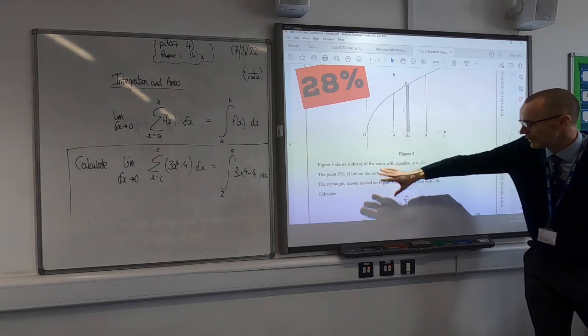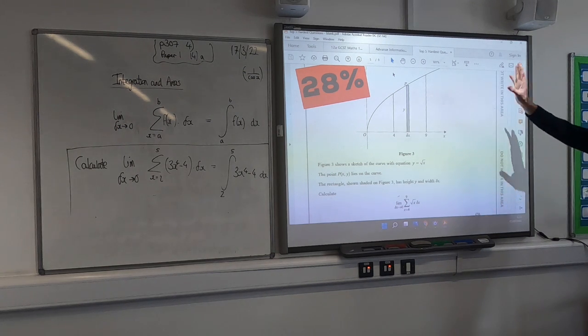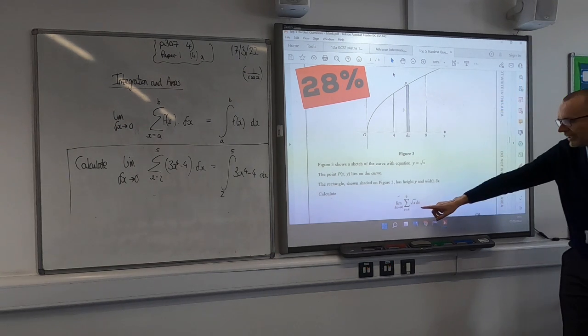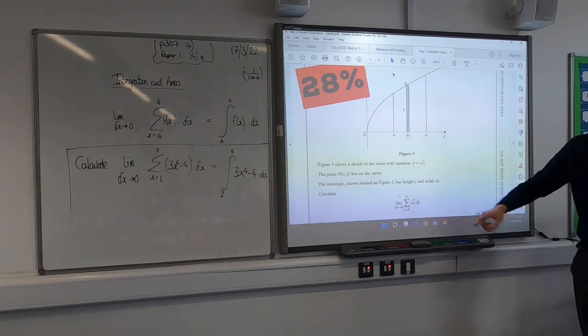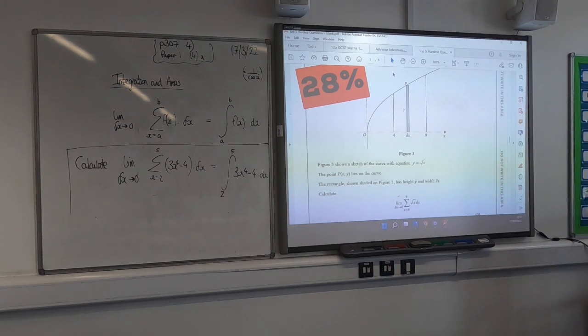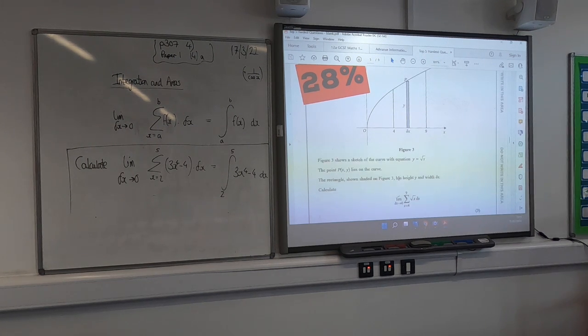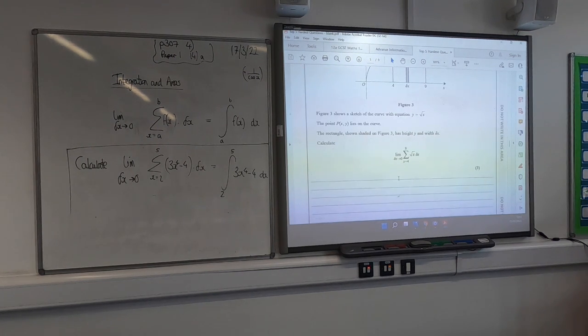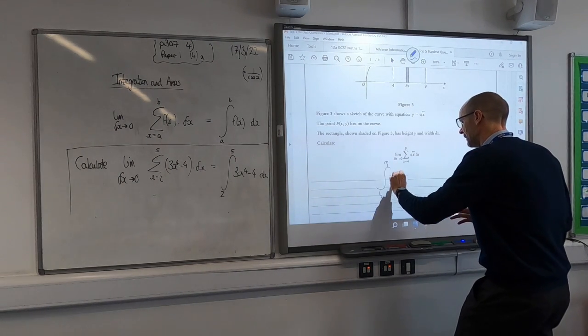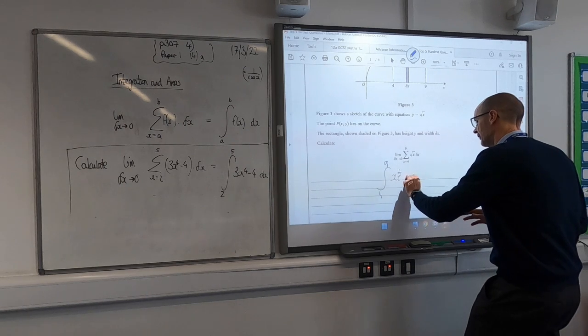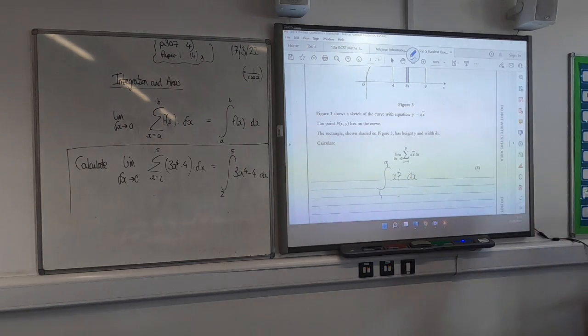They give you a great long lot of malarkey saying a point P lies on the curve, blah, blah, blah. The area shaded is this. And you've got to calculate that. Only 28% of people got that correct when it was set in 2019. But actually, it was the easiest question on the whole paper because all you needed to do was the integral of x to the half between 4 and 9. That's all you were expected to do.